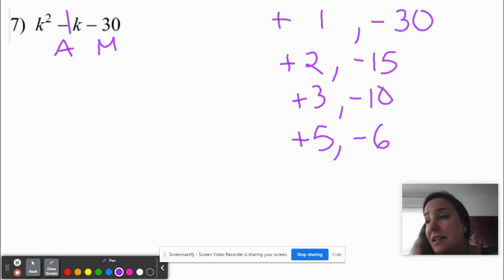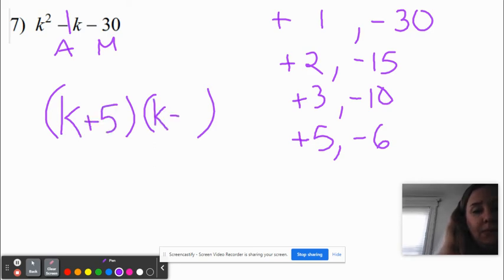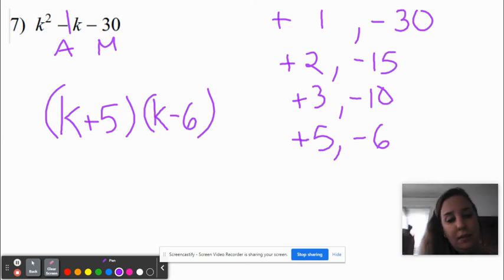And 5 minus 6, or 5 plus negative 6, whatever you want to call it, that adds to negative 1. So k plus 5, k minus 6.